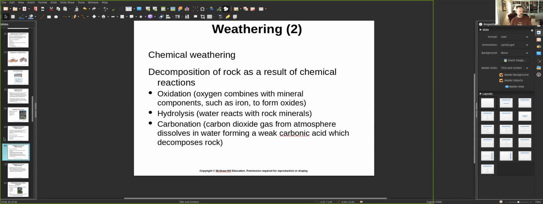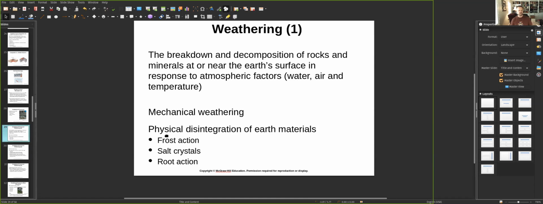So chemical weathering is going to be chemical processes. Mechanical weathering is just going to be the physical disintegration of earth materials. So root action, right? If you've seen trees and bushes on the sides of the road, and in rocks on the sides of the road, that's going to be root action. Those roots are going to get in there, break that rock apart, crack it. Once it's kind of cracked and open, salt crystals can get in there.